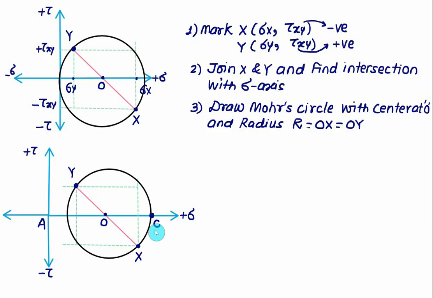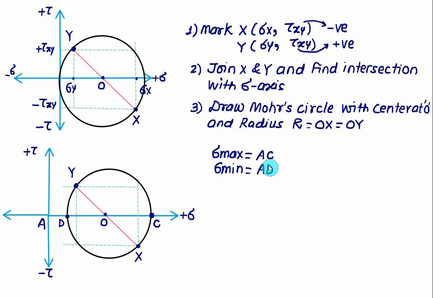At point C, whatever value of sigma you read from the origin will be called the maximum normal stress. So sigma max is equal to the distance AC, called the maximum principal stress. And if you mark another point, point D, and measure the distance AD, it will be called the minimum principal stress.